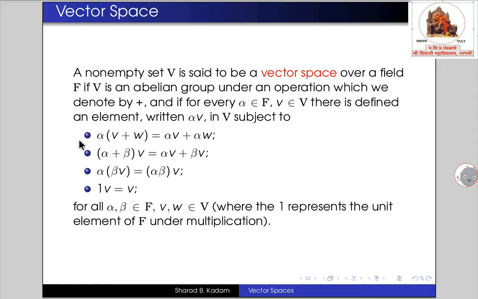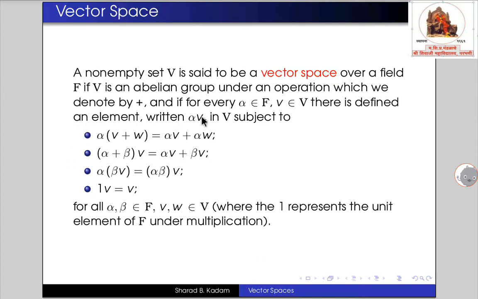and all these conditions hold for all alpha and beta in the field F and for all elements v, w in the set V. Here this element 1 is the unit element of the field F under multiplication.